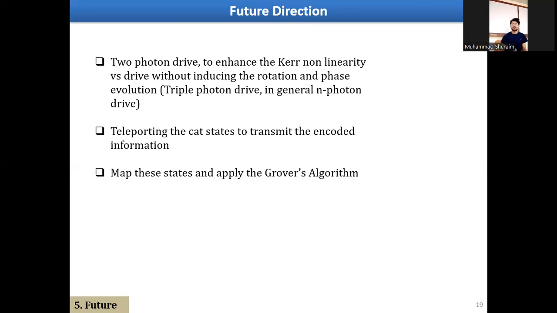We saw in the previous slide that the fidelity reduces to 76% for time t equal to 5k times, but we can teleport those cat states to check the fidelity of the encoded information. Another future direction is to map these cat states and apply algorithms, mainly Grover's algorithm.